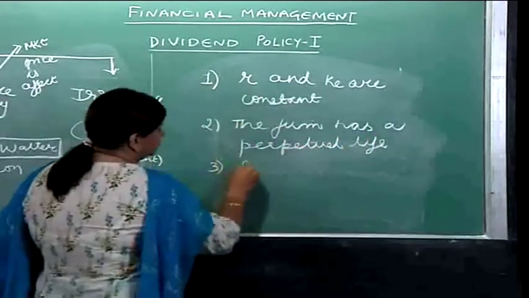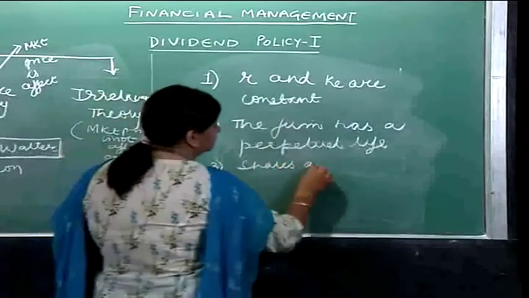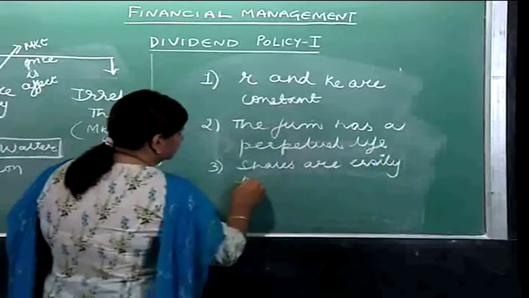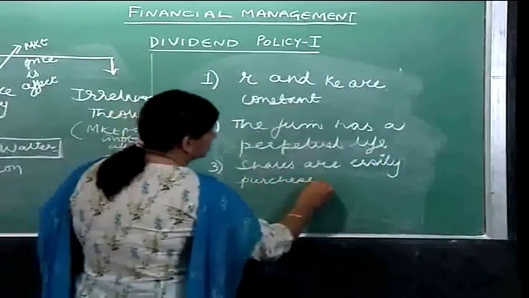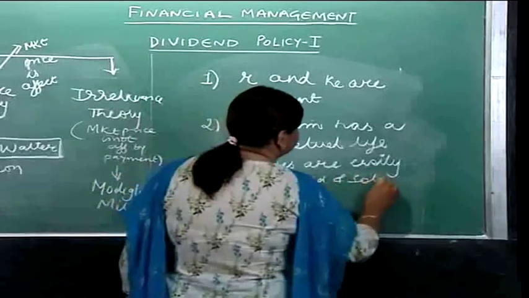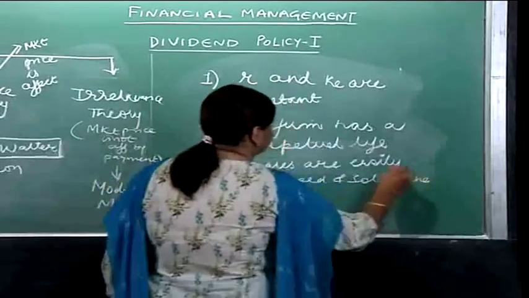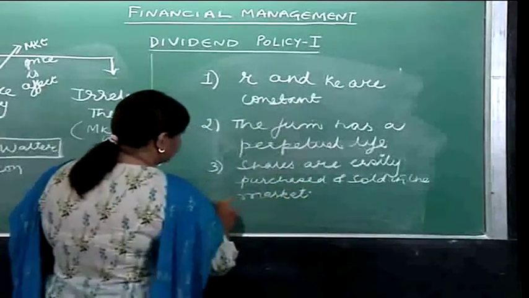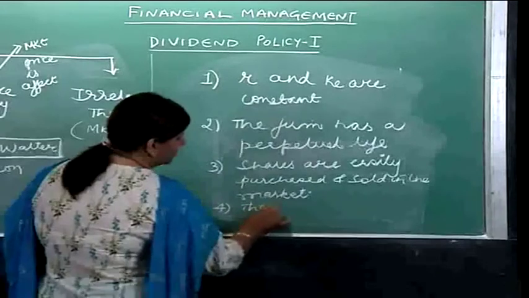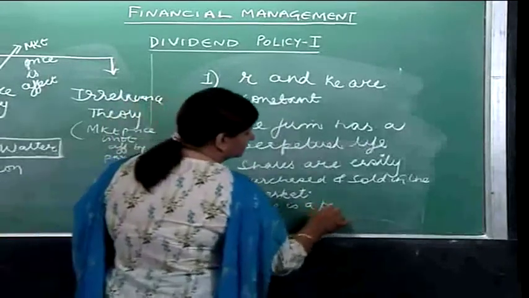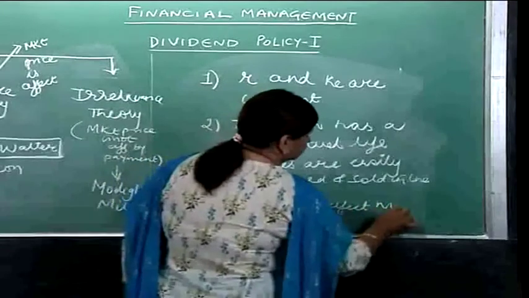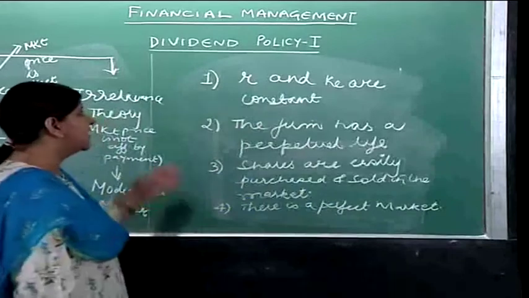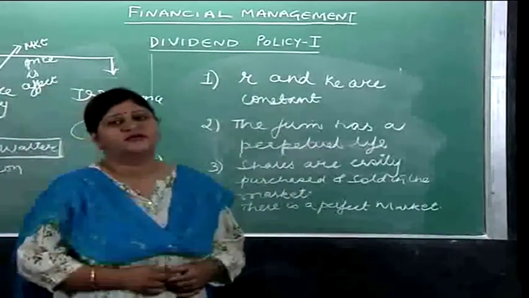Shares are easily purchased and sold in the market, or we can say there is a perfect market. So these are the assumptions on the basis of which this model is based.